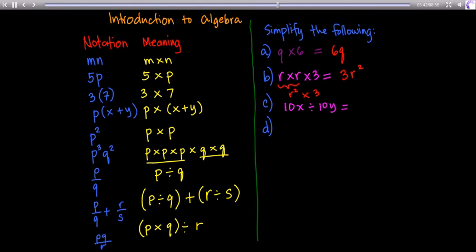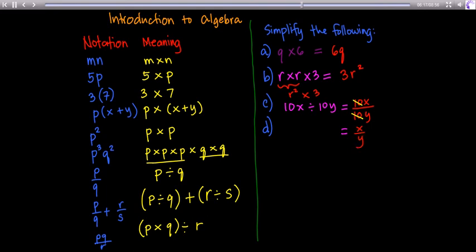So we could have this as 10x over 10y. And look, in the fraction we have 10 over 10, which is 1, meaning we're just having 1 times x over y. So the result should be x over y.